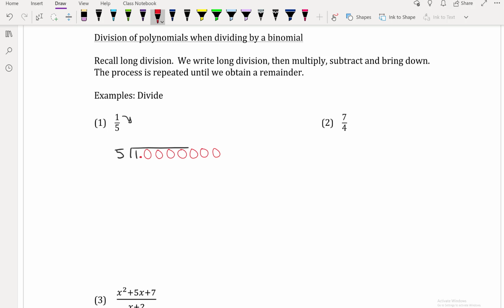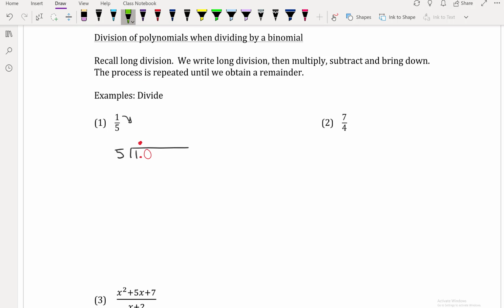It doesn't change that 1 is the same as 1.0, which is the same as 1.00, which is the same as 1.0000, right? All these zeros can continue. It still just means that it's equal to 1. So let's just go ahead and start off by putting a single 0 in there. I have to remember that I have my decimal.